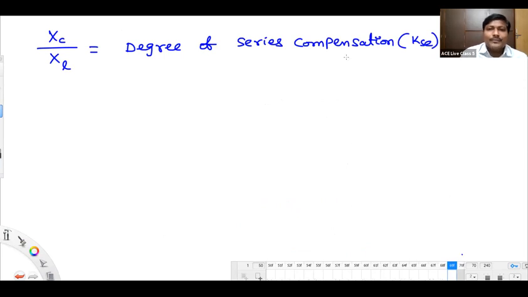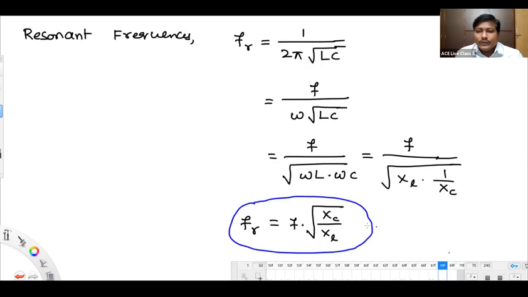Is it correct or not? All of you remember this? Please tell me. Degree of series compensation, KSE. So the resonant frequency FR equals f into root of KSE.